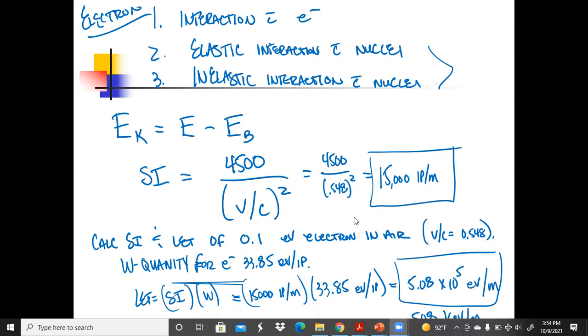So we know approximately how many ion pairs per meter are being produced. We know what the energy is, and therefore we can produce the linear energy transfer. In other words, this is how much energy would be lost by the electron per meter. And then you can take that and put that into keV if you so wish.